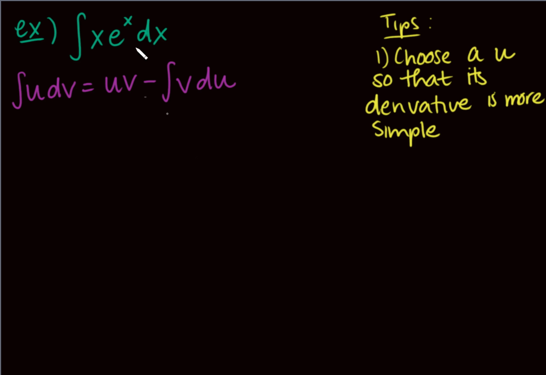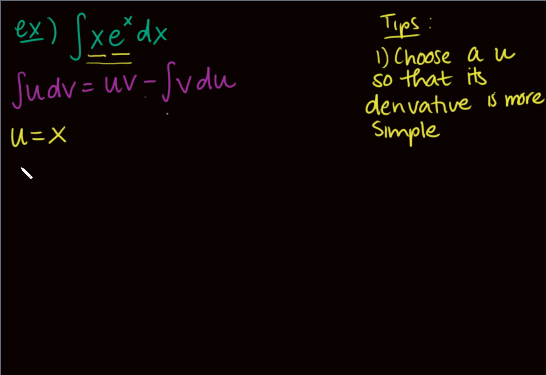In this case, my options for u are: I could let u equal x, I could let u equal e to the x, or I could let u equal the entire function x e to the x. The derivative of e to the x is e to the x, which is not more simple. The derivative of x e to the x, I'd have to use the product rule. That's not more simple.